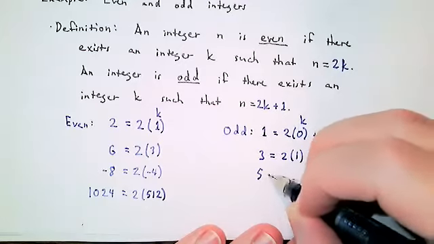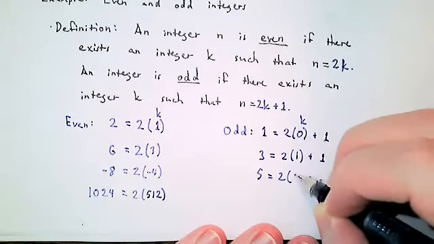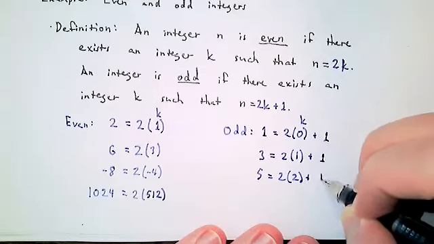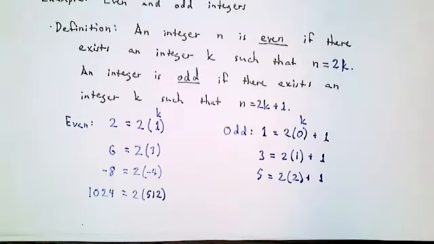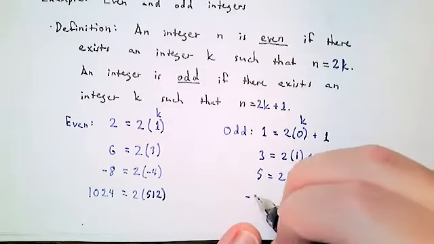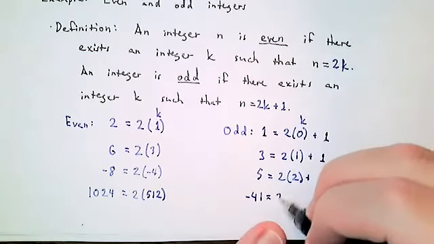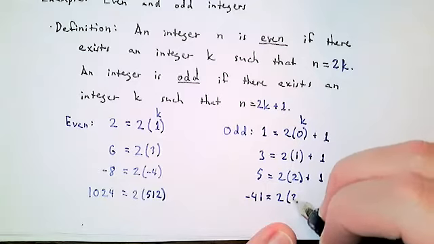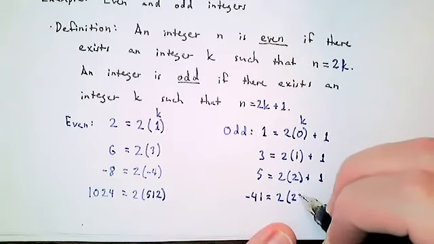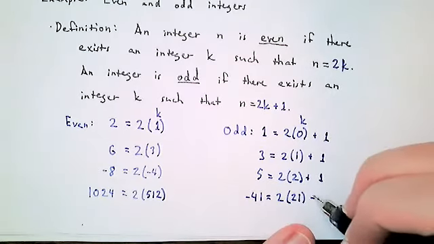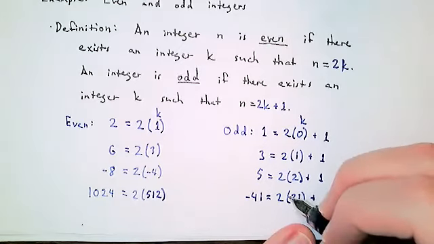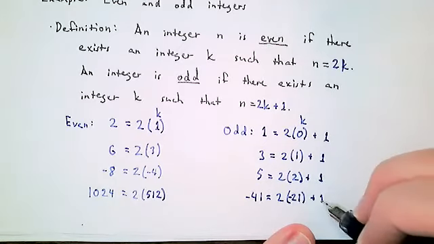Yeah, and then 5 would be 2 times 2 plus 1. And we could also think about negative numbers, like -41 is 2 times 22. Or excuse me, 2 times -21 minus 1.